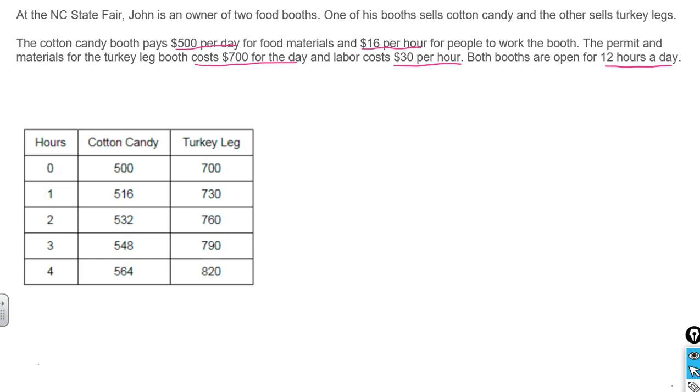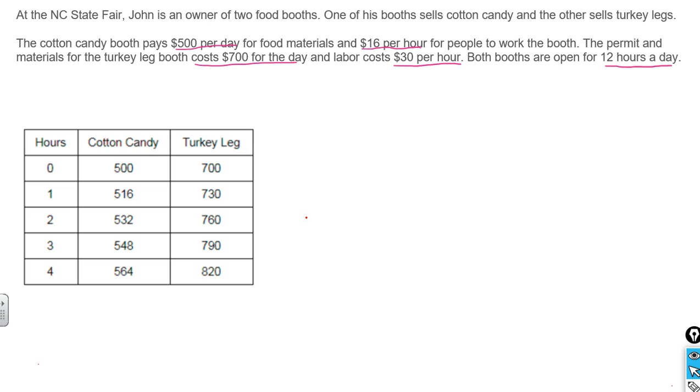If there are no hours, the starting cost before they even open up the booth and hire people to work it for the cotton candy booth is going to cost $500. That's just a flat rate there. The turkey leg booth is going to cost $700 before they even open. And then at 1 hour of labor, it would cost John $516 to operate the cotton candy booth and $730 to operate the turkey leg booth, and so on.